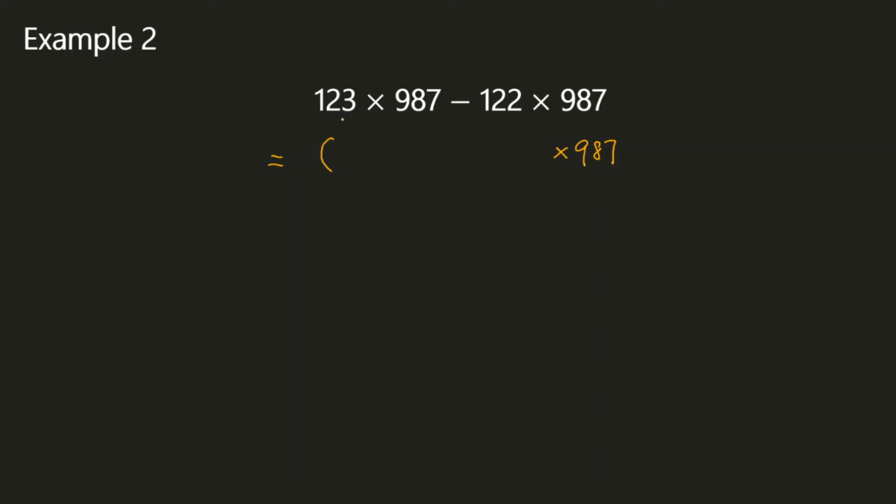So parentheses 123 is left here and 1 minus 122. Okay, so the minus sign is carried over from the original. So this becomes 123 minus 122 is just 1 times 987, and the answer is 987.